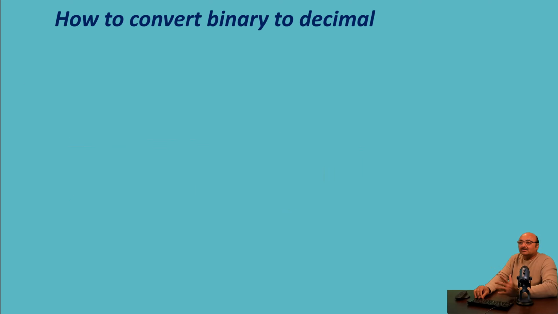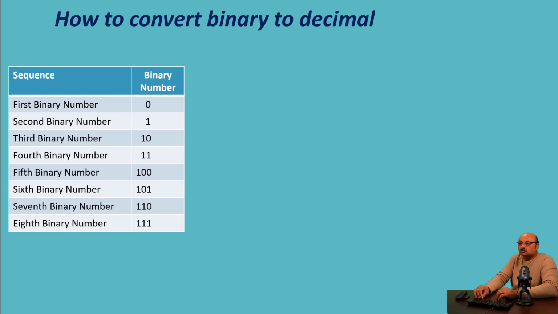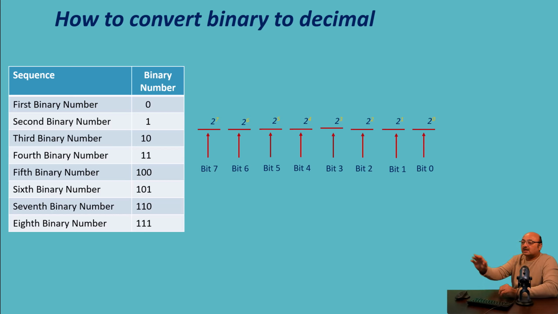Now we come to the interesting part of how do we convert a binary to a decimal number. These are the numbers that we had derived by addition one by one. What would be the first 8 binary numbers? Now we want to see how we can convert them into decimal. So let's take the first number. We know the bit positions are like this.